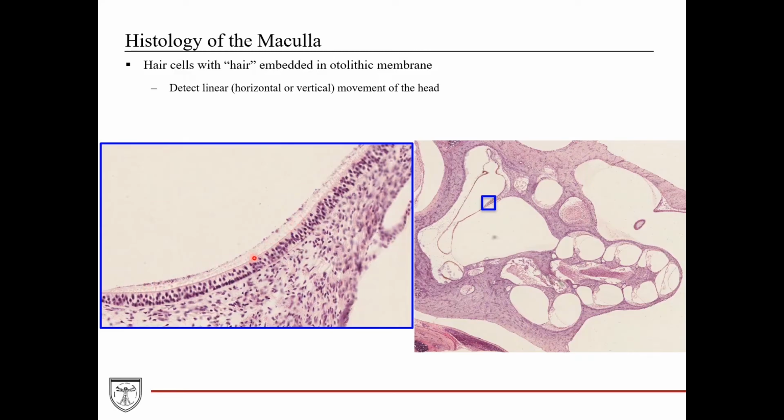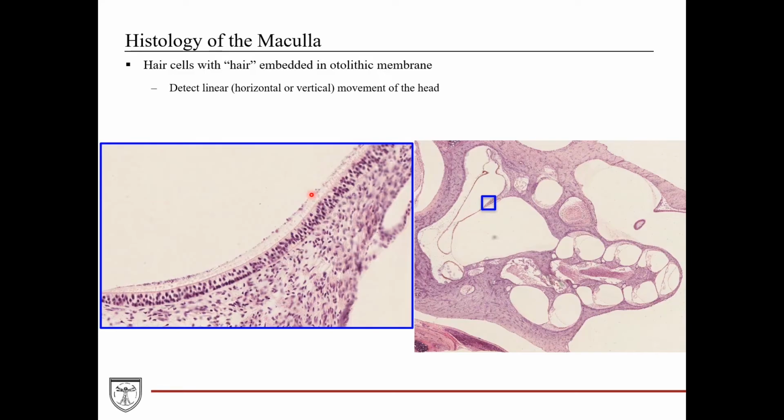And these hairs are embedded in this thin membrane that contains a lot of these heterochromatic crystalline structures, which comprise this otolithic membrane. These crystalline or calcified structures are called the otolith, which makes this membrane slightly heavier.